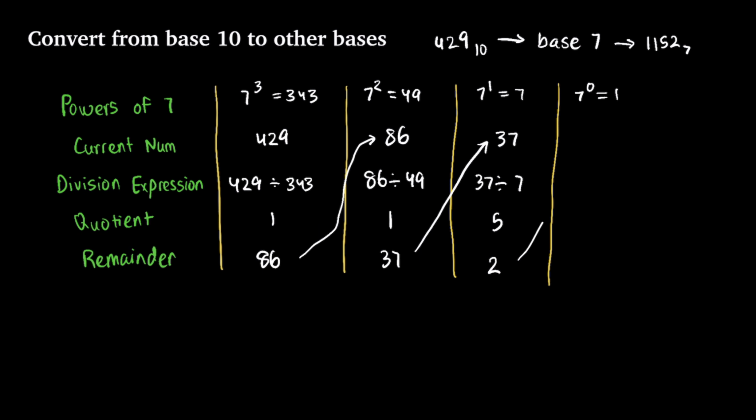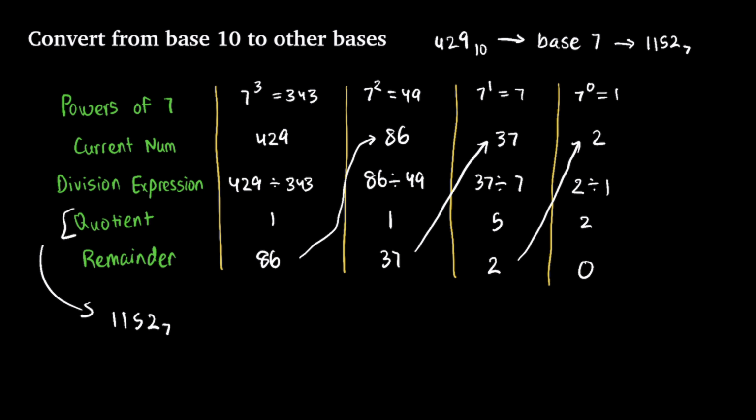Finally, we bring this 2 up here, and we take 2 divided by 1, and we get a quotient of 2, and our remainder is 0. And if you take the digits under the quotient, we're going to find that it's 1, 1, 5, 2. And this was the exact number we're looking for, so 1152 in base 7.